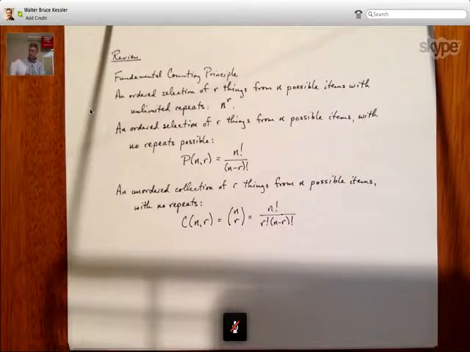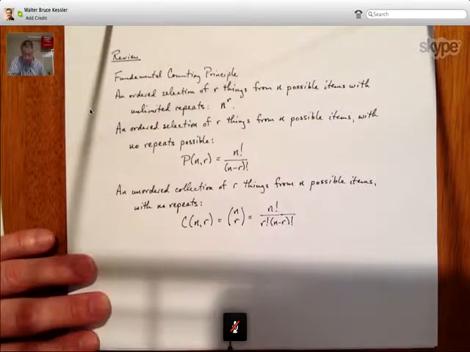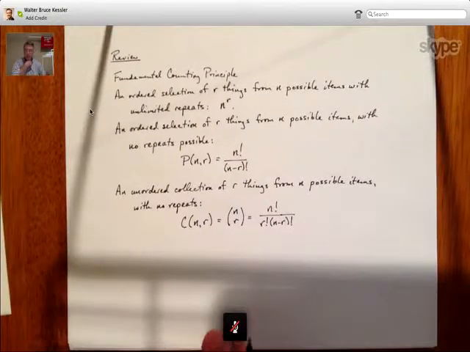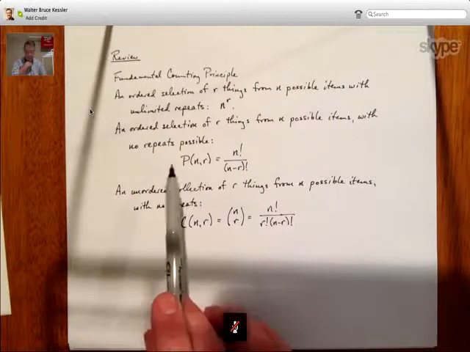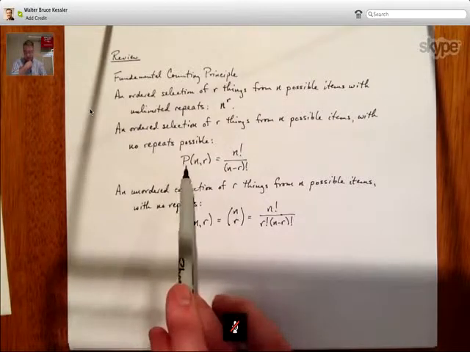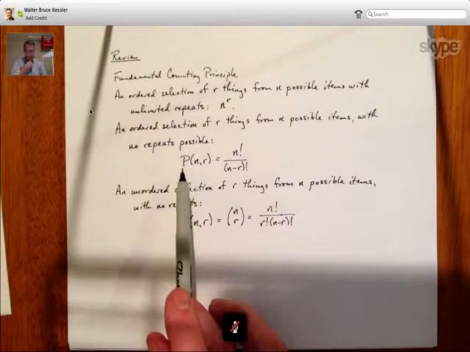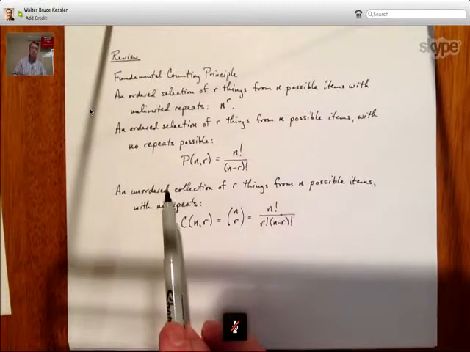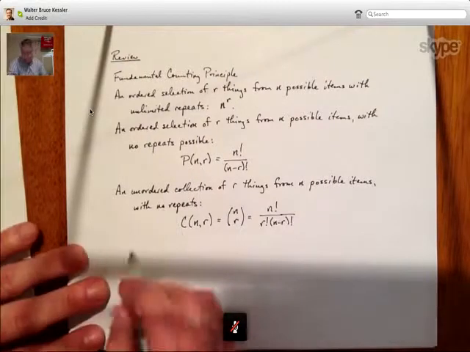So now I'd like to take a look at a situation where we'd like to know the number of ways of constructing an ordered selection of length N, so we're going back to ordered selection, but I can now have repeats. And some of my items are indistinguishable from other items, okay?